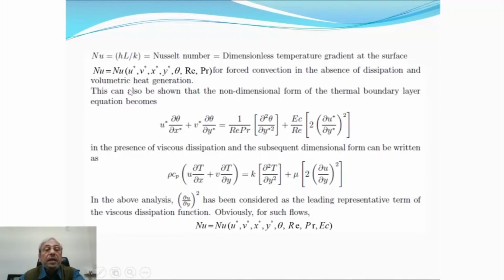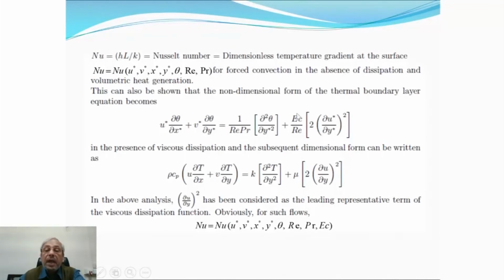As we said, it can be shown that the non-dimensional form of the thermal boundary layer equation becomes this in the presence of viscous dissipation, and its dimensional form is rho Cp U del T del X plus V del T del Y equal to K del 2T del Y2 plus mu twice del U del Y square.